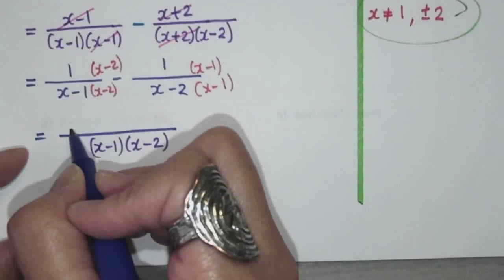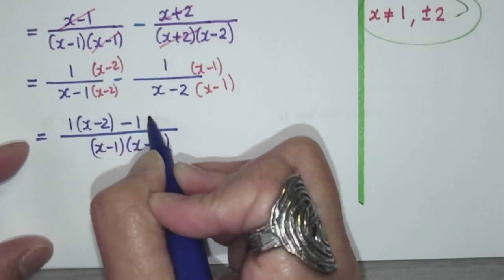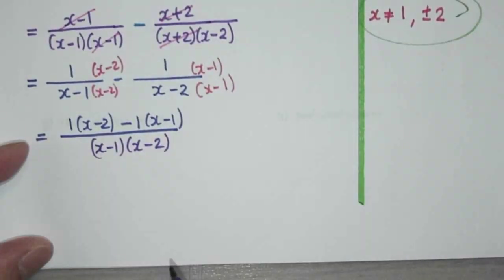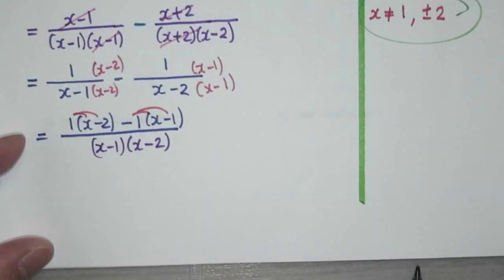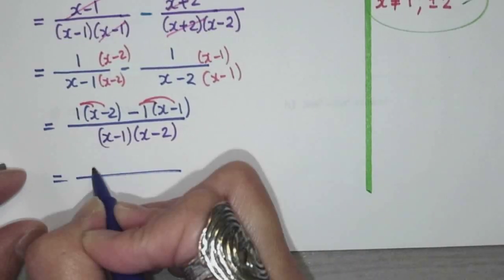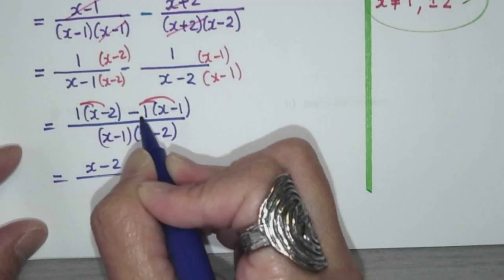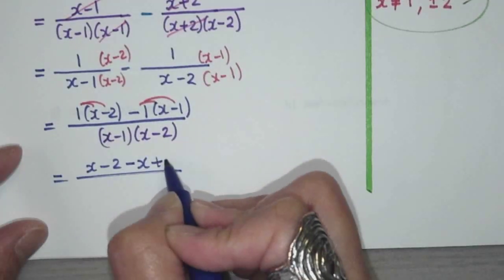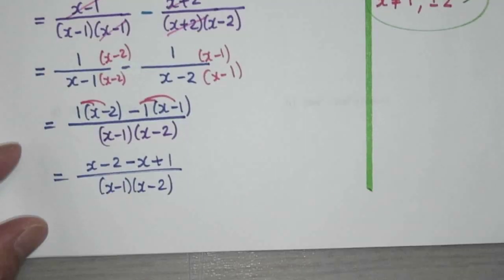So this would be 1 times x minus 2 minus 1 times x minus 1. 1 doesn't change anything, negative 1 does. So on the top here, x minus 2 minus x, that becomes negative times negative, positive 1. Leave the bottom beautifully factored.